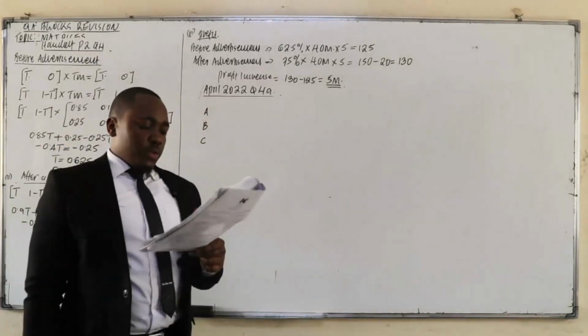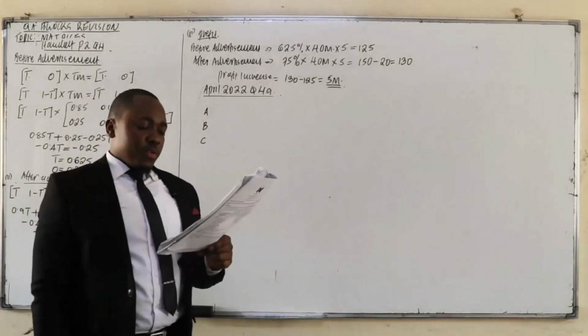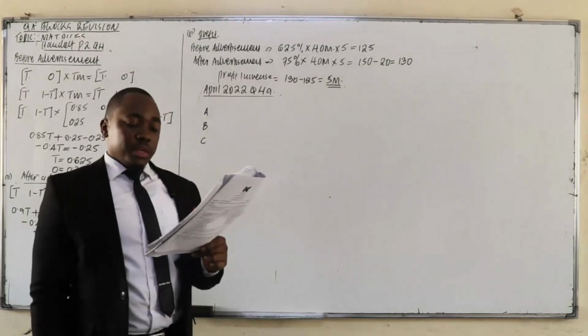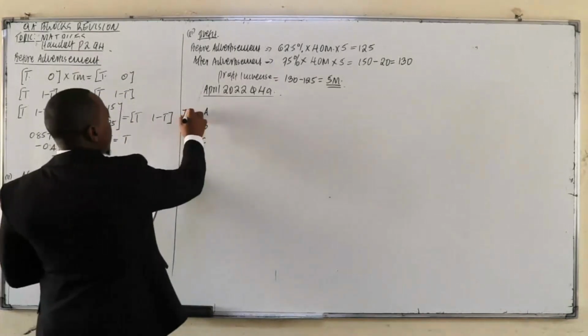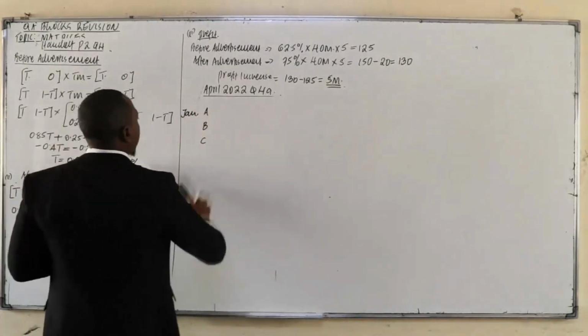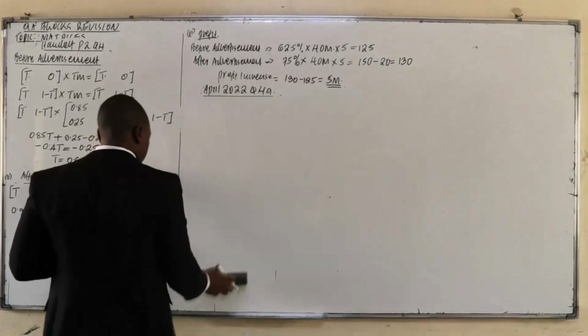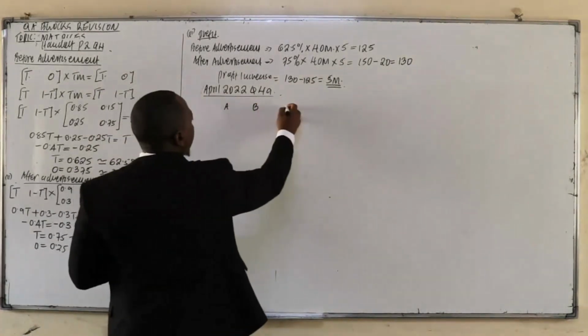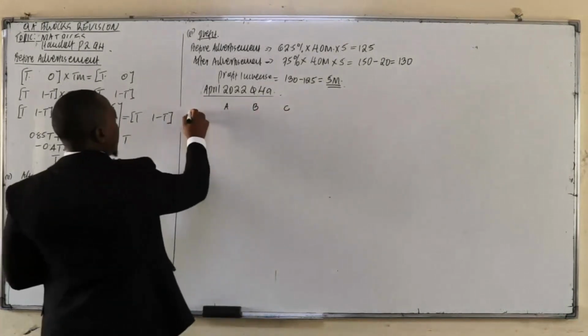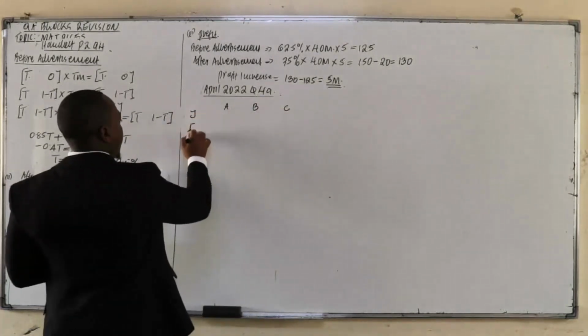We have 2,000, 3,000, and 4,000 for products A, B, C respectively during the month of January. So here we have three products, then we have the period: January, February, and March.